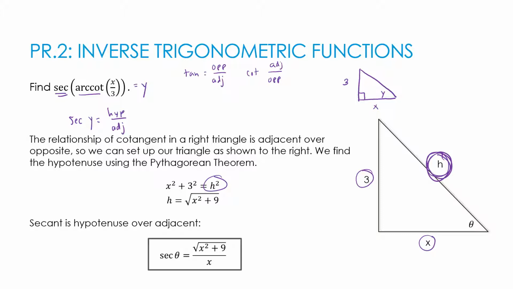So I get the square root of x squared plus 9 for h. So why is that important? Because now I'm going to just take this and say secant of theta or y, it doesn't matter, I used y up here, I used theta down here, same idea, is the hypotenuse, which is the square root of x squared plus 9, divided by the adjacent side, which of course is x. So that is my solution.